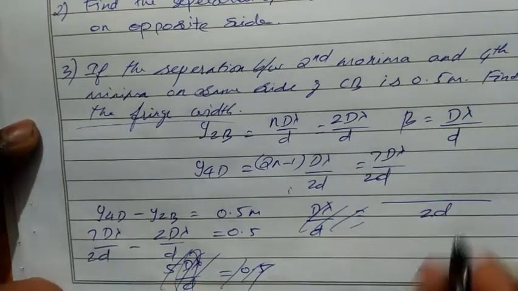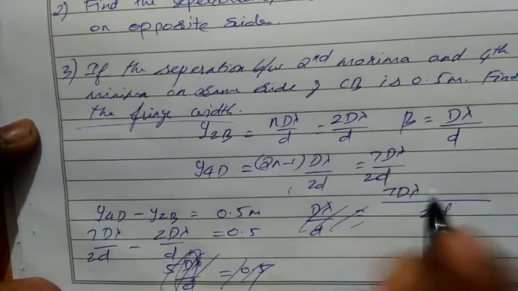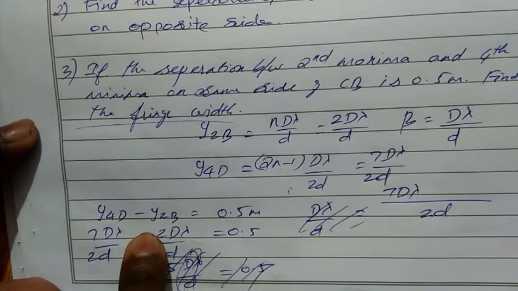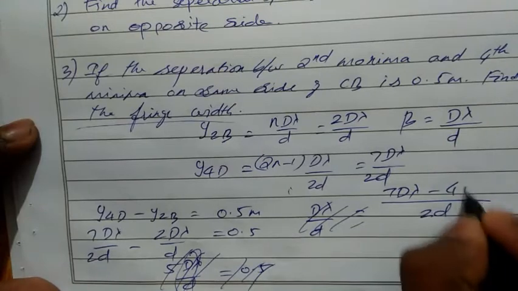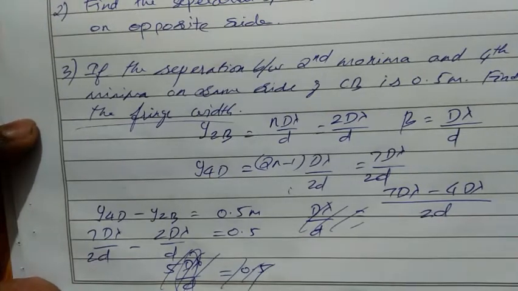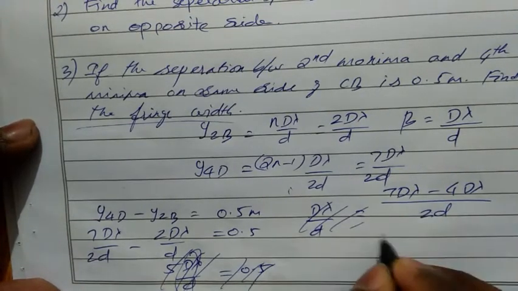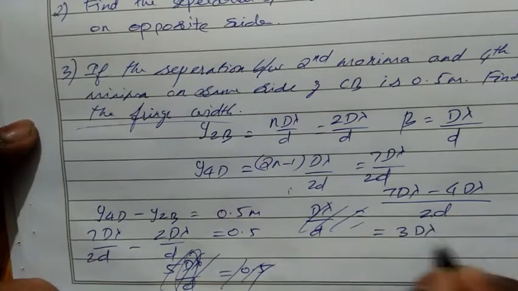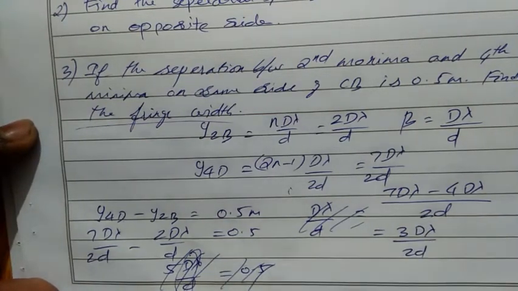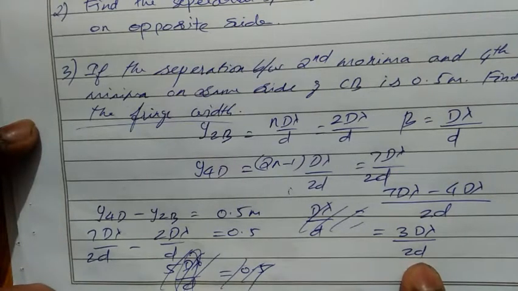Here we have 7 d lambda. Here we have to multiply with 2, so 2 into 2 is 4 d lambda. So 7 minus 4 will be 3 d lambda divided by 2d. Correct? 3 d lambda divided by 2d.